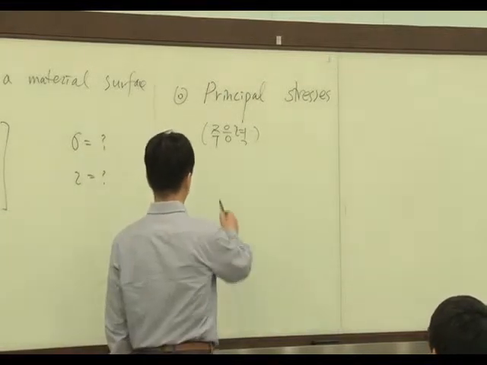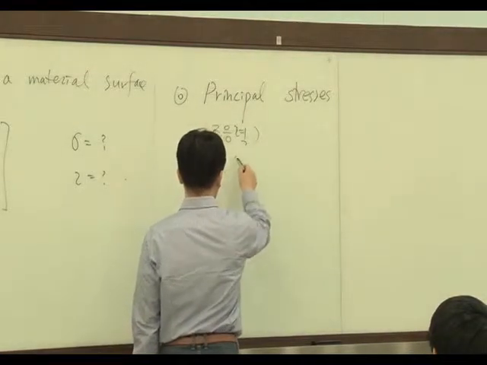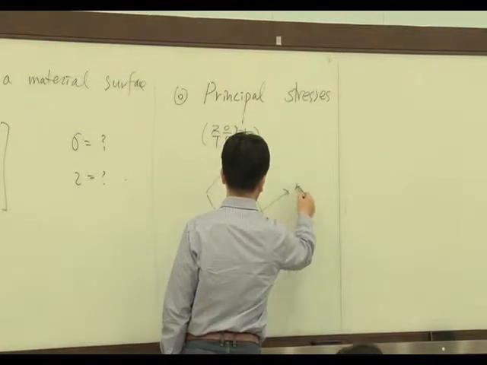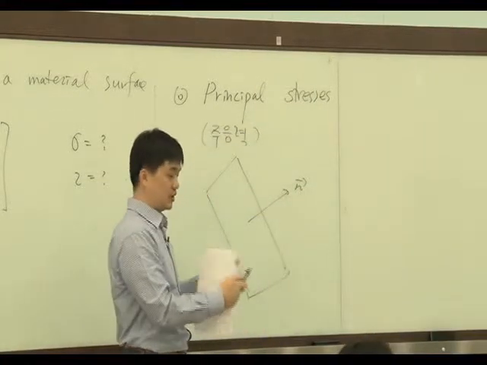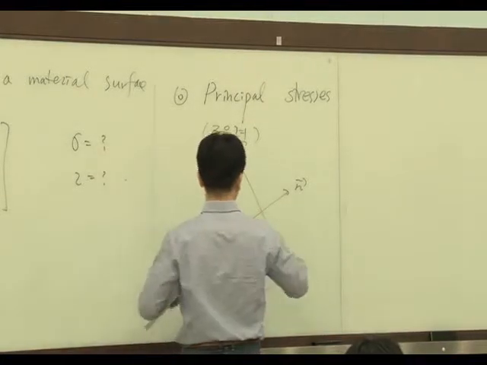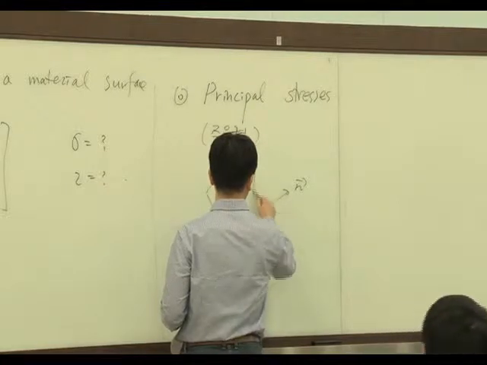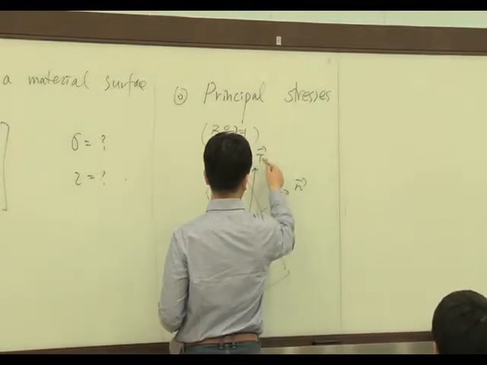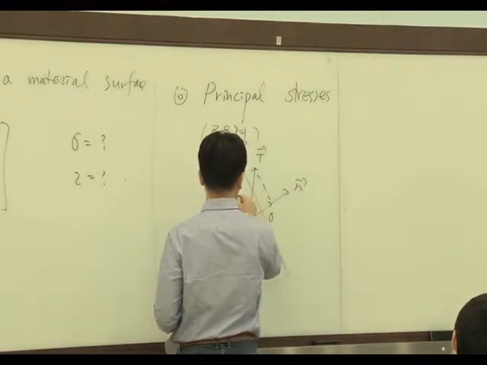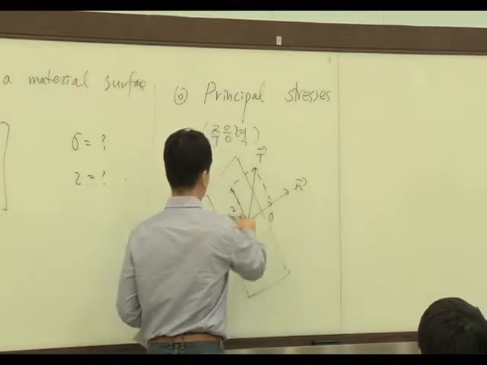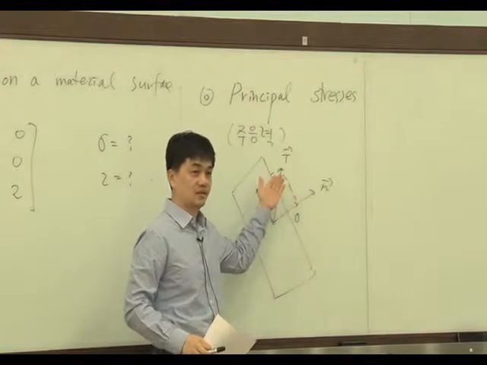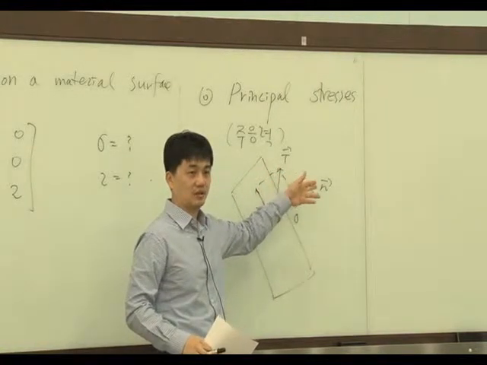Okay, so we have a material surface here and its normal vector is n. So if we change the n direction, this direction is also changed, right? And its normal component and tangential component, the sigma and tau, will change if we change the angle by changing the vector n, right?